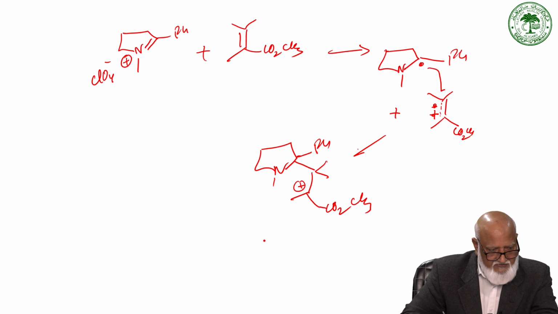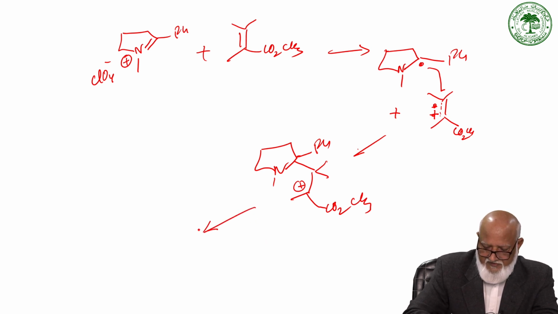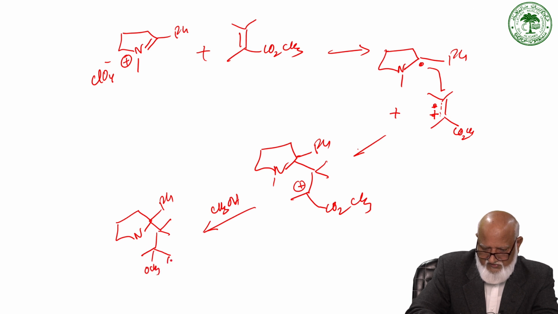And now this CO2CH3 can be trapped by methanol, CH3OH, to give the methanol-added product, pH, OCH3, CO2CH3.